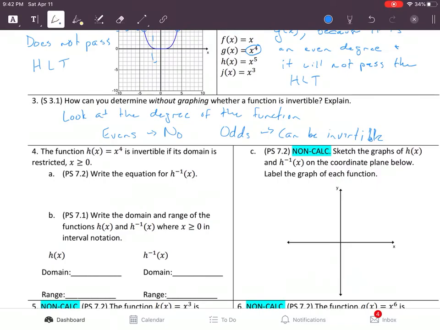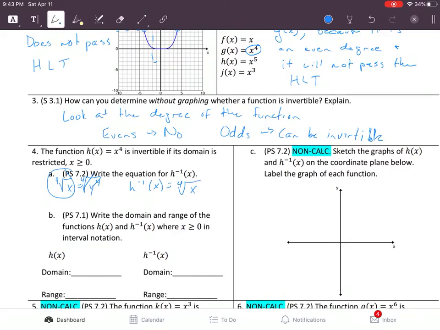So if we do an inverse of this function, we're going to change out the x and the y, and we will have x is equal to y to the 4th. We're going to 4th root both sides. So that cancels out, and you'll get y, in this case h inverse of x will equal the 4th root of x.